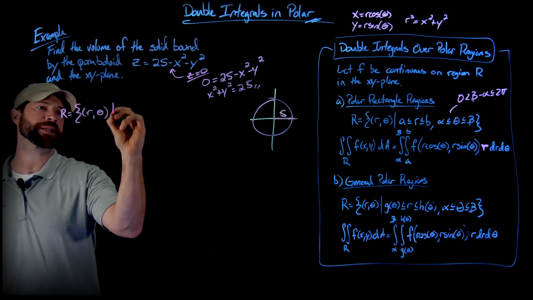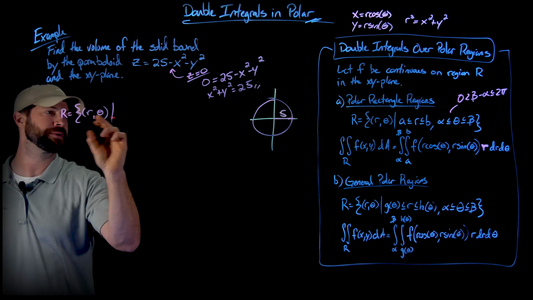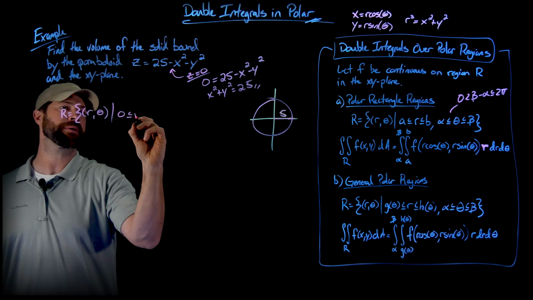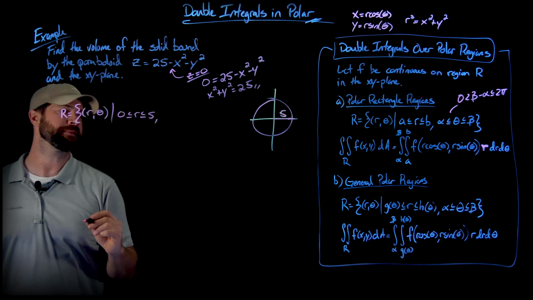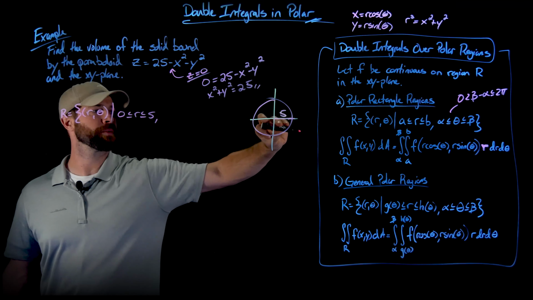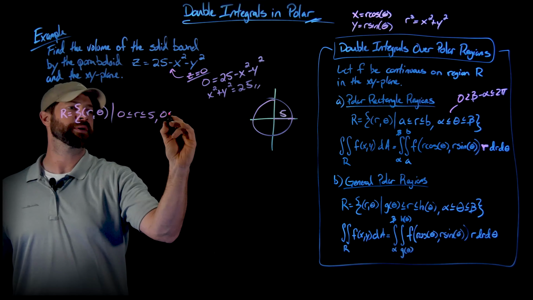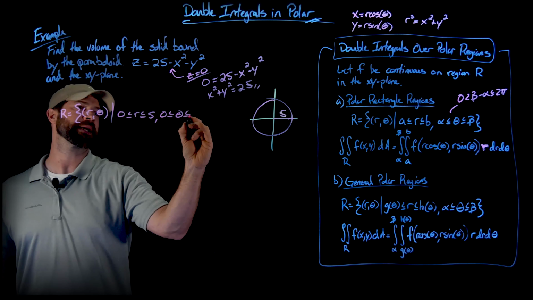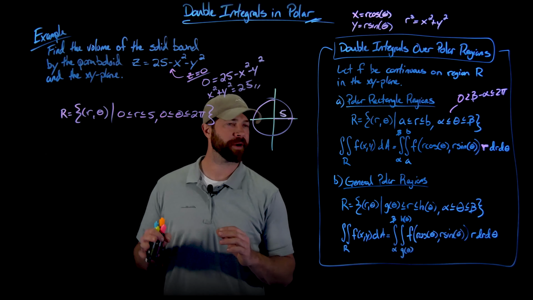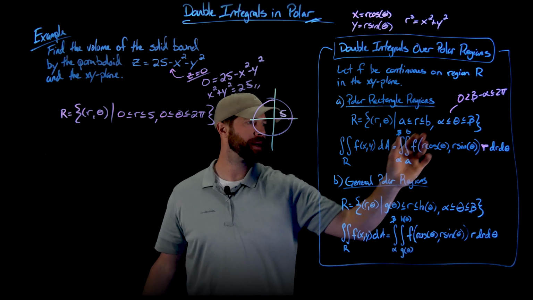The set of points that we're looking at are the r values that go from 0 to 5. So r value of 0 all the way up to 5. And the theta values, if we want to create this whole circle right here, that region would just be 0 is less than or equal to theta is less than or equal to 2 pi. So then we have our region that describes our bounds right here.